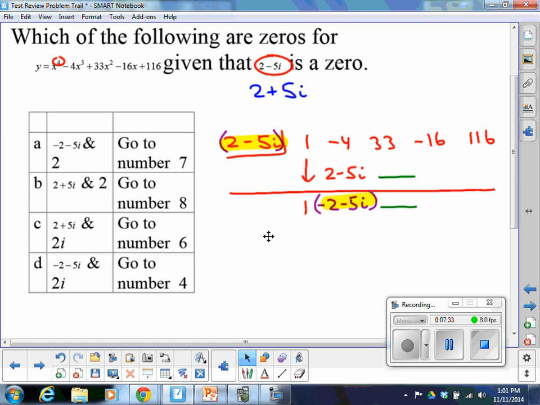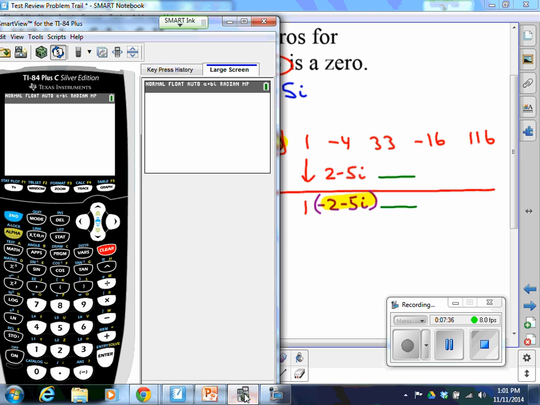On your calculators, you can do that by taking the -2 minus 5i in parentheses, and multiplying that by the thing we were dividing by originally, which was 2 minus 5i. Okay, and that's going to give us -29.